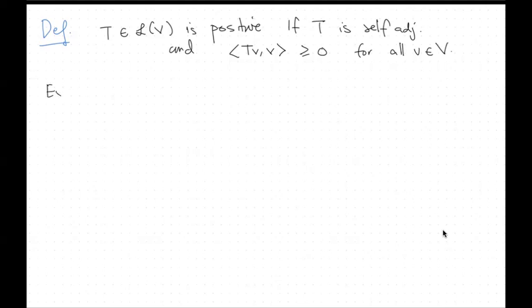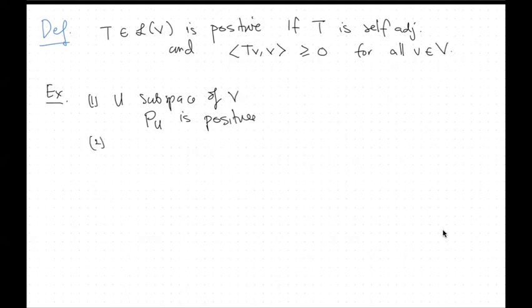Okay. Examples of positive operators are the following. Number one, if U is a subspace of our V, then the projection onto U is positive.